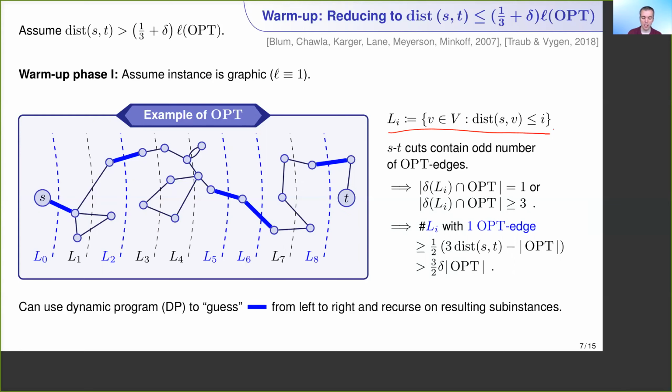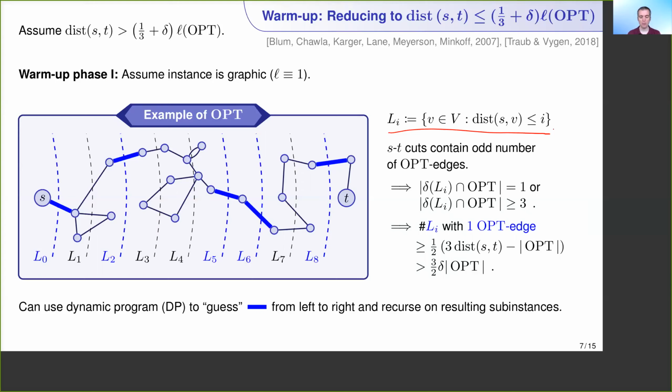The idea is that we look at those cuts and try to guess which ones of those have only a single edge of opt. These will be the blue ones here. And we also want to guess the edge of opt in this case.